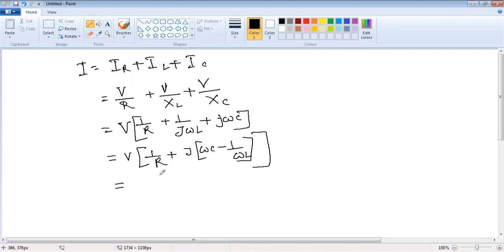You can see this portion is the inverse of impedance, so this is called admittance. This is also given in the form of Y, because it looks like admittance.